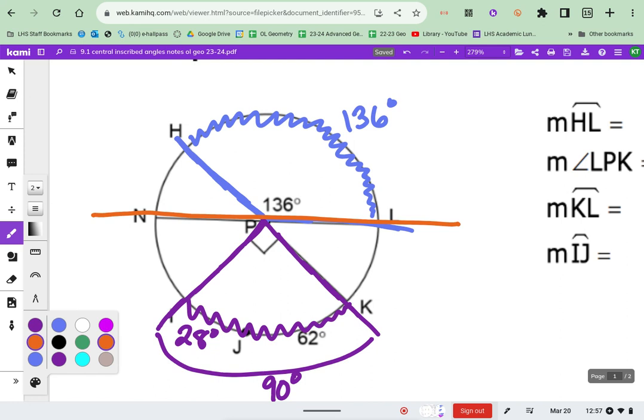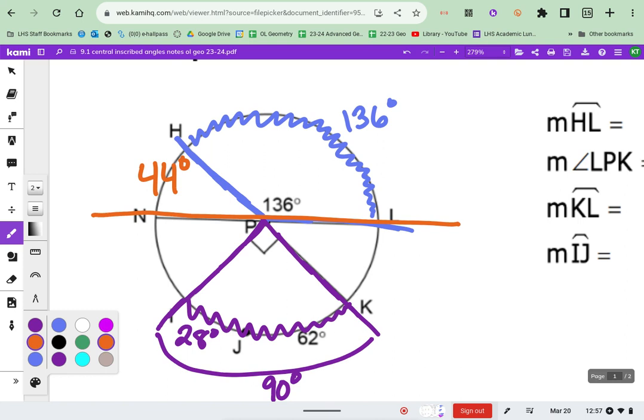So 180 minus 136 is this bit. Yeah? So let's see, what would that be? 44? All right. And then, of course, we have this semicircle on the bottom half too, but we have two missing arcs, so we can't quite do that yet.